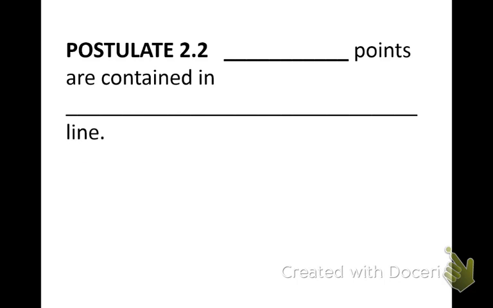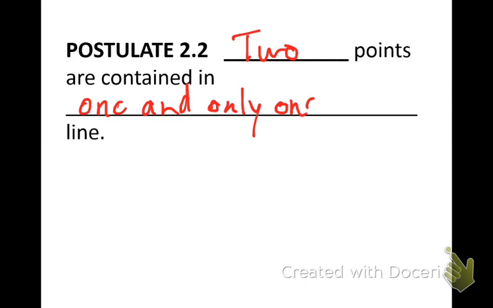The next postulate says that 2 points are contained in one and only one line.